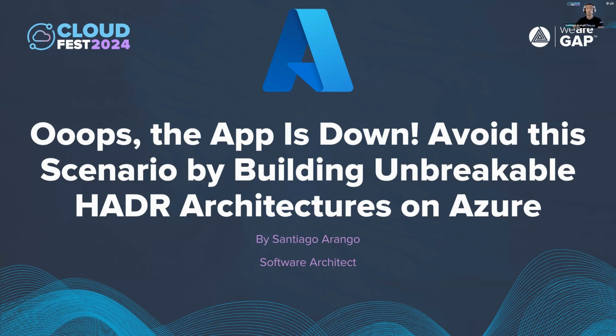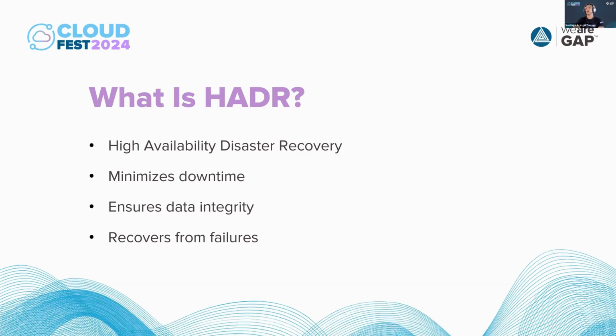How can we prepare properly to survive these kinds of scenarios without major hiccups, and how can we exploit the Azure technologies that we have available to achieve a highly available system? The first thing will be to clarify the title. We have the HADR acronym here, which relates to high availability and disaster recovery strategies.